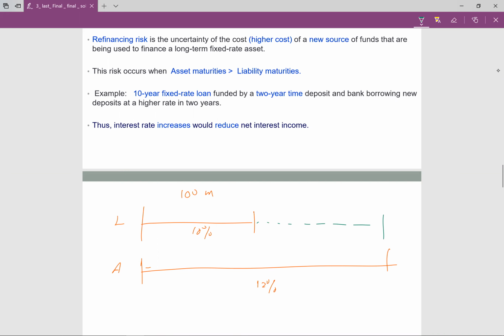If there is a change, in this case I have to go with the new rate. So I have to roll over this liability for the next year at the new rate. Because of this issue, which I don't know, it is called refinancing risk.